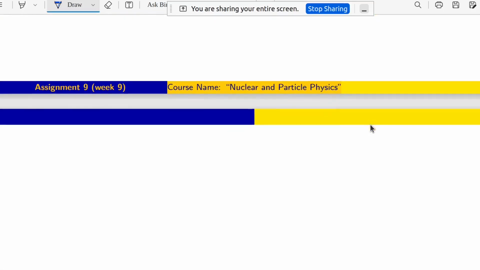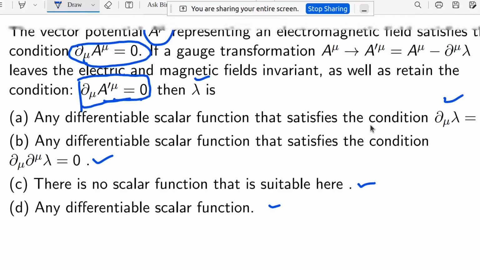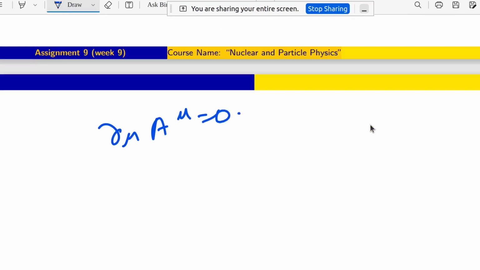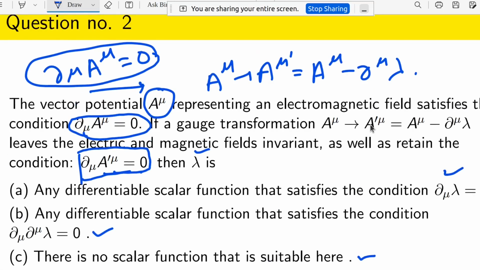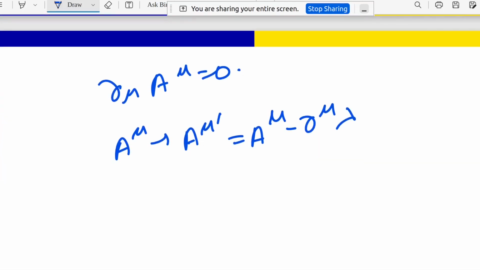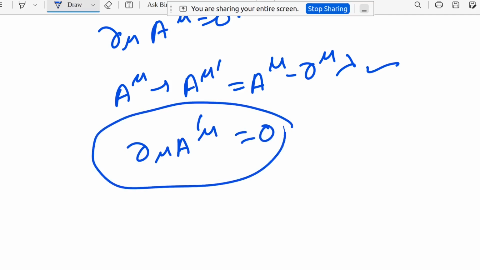Okay. So now it is given that del mu A mu equals 0. It is given, right? Now they told us that our A mu will go to A mu prime, which is A mu minus del mu lambda. And also they are telling us that del mu A mu prime will be 0. So what will we do?